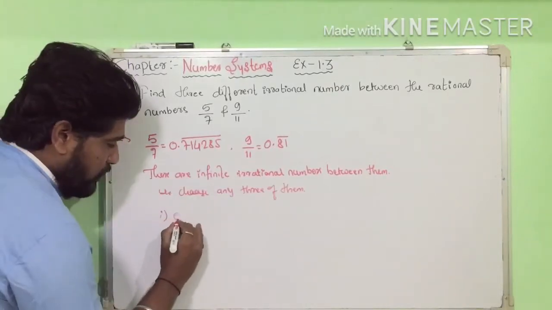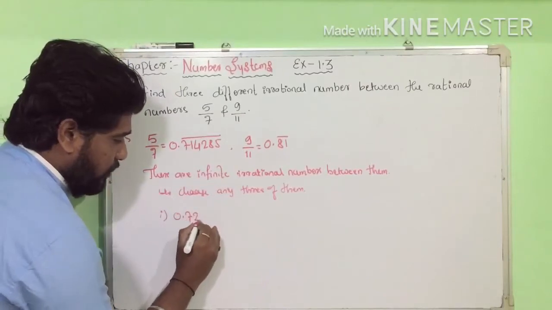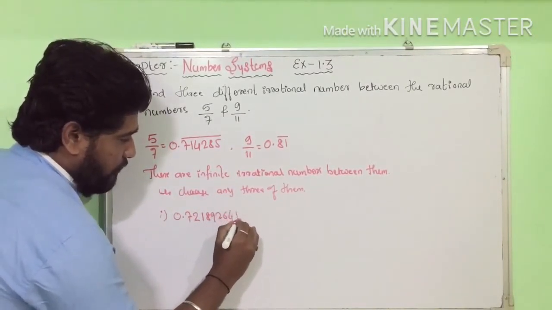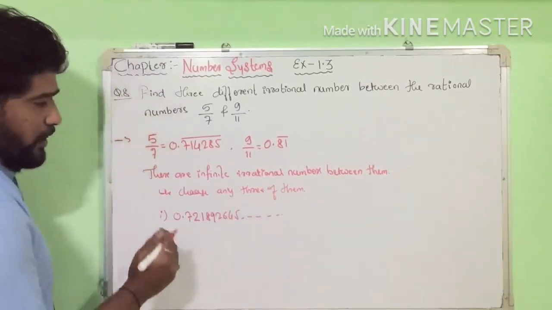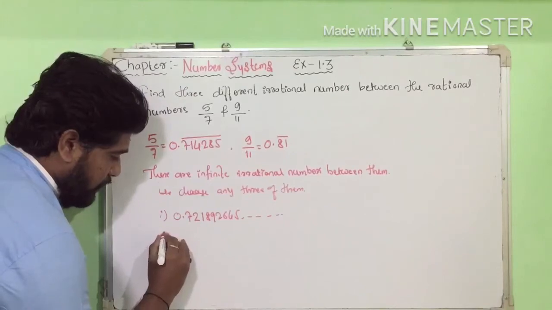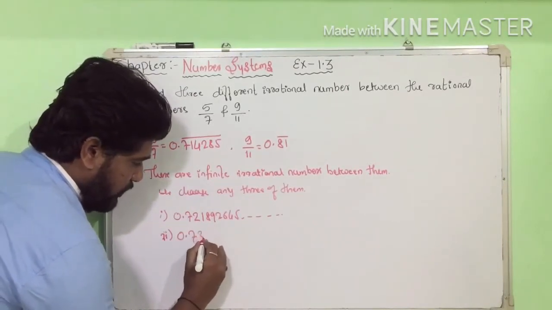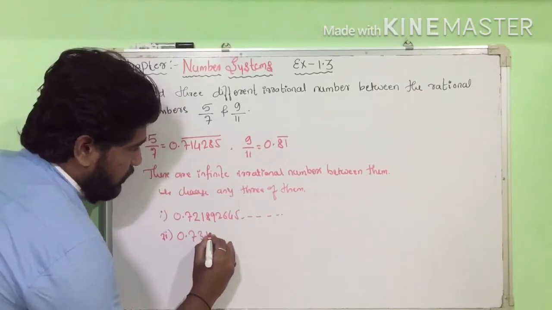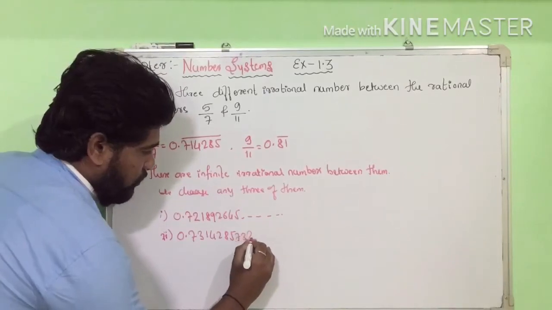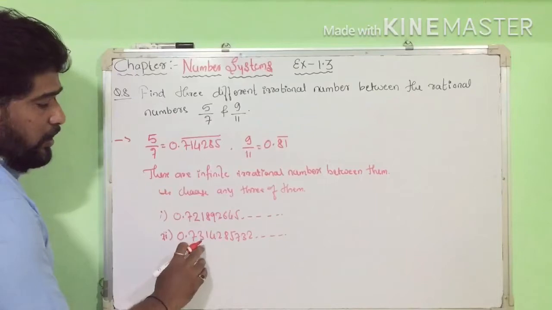The first one, greater than this one, is 0.721892645 and so on, whatever it is. The second one is 0.731428573 and so on, non-terminating and non-recurring.